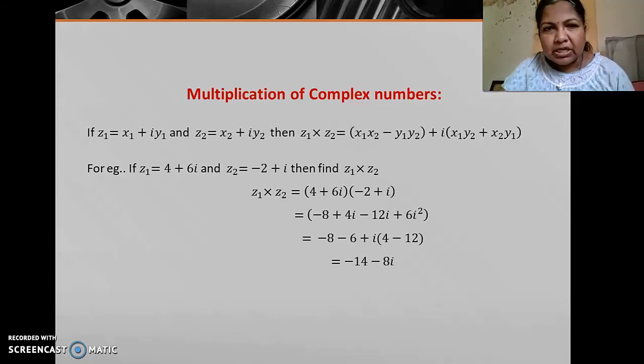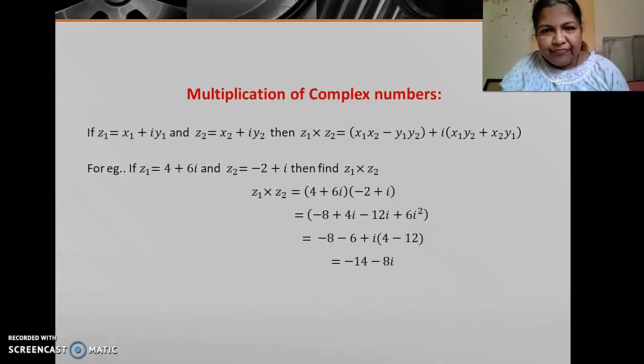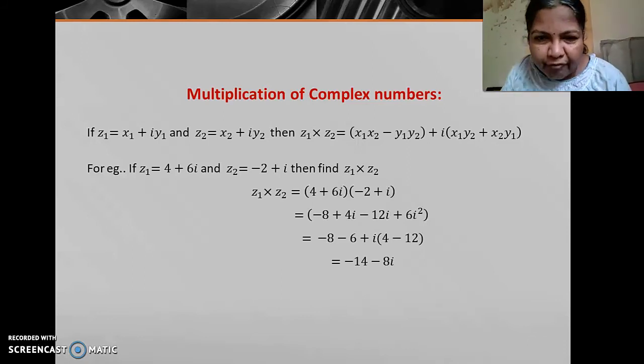Now multiplication. If I want to multiply two complex numbers, then we multiply in the manner of bracket multiplication. As you multiply two brackets, similar is the multiplication of two complex numbers. Let's see it through an example. So 4 plus 6i, the first one, and minus 2 plus i, the second complex number.